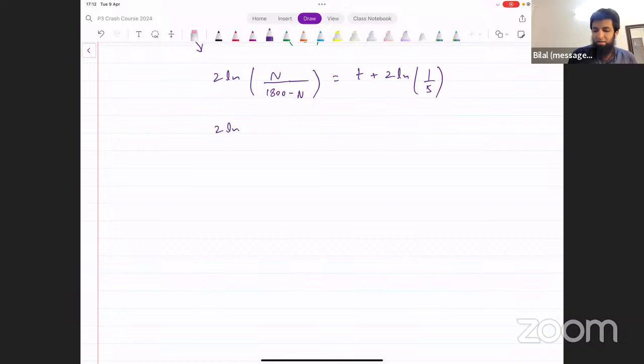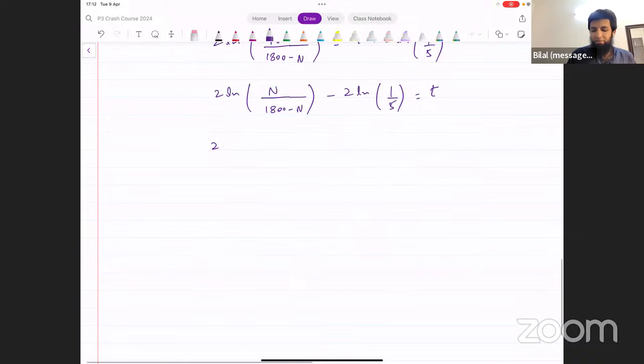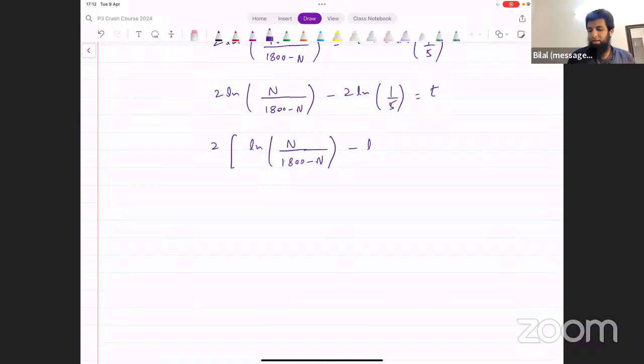That gives you 2 ln of n over 1800 minus n, minus 2 ln of 1 over 5, equals t. Take 2 common again. That leaves you with ln of n over 1800 minus n minus ln of 1 over 5.